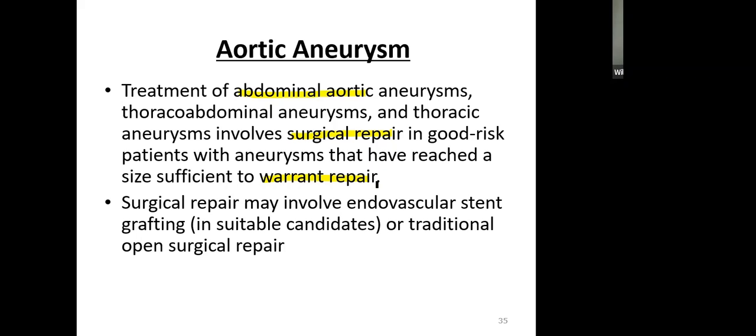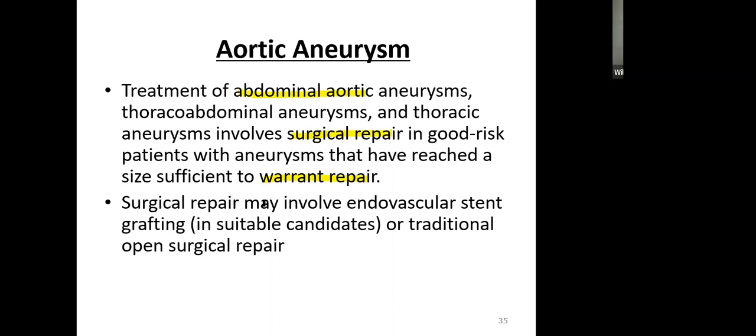Because if there's a leak, then obviously you're going to get a drop in pressure. So they constantly monitor the pressure to look for any kind of pressure drop. But it's an amazing surgery, and I can send you a YouTube video if you're interested in watching it.